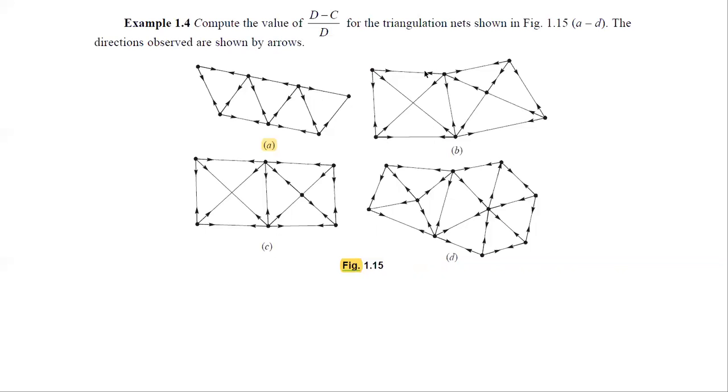Similarly, these lines also, this line also, this line also. Here you can see that this line has not been observed in both directions. Others have all been observed in both directions. Now for stations, we can see that from this station measurements are there. So this station has been occupied.